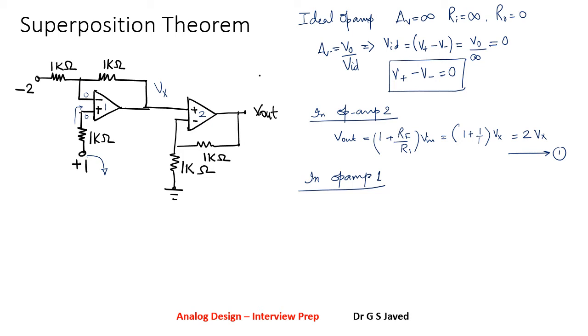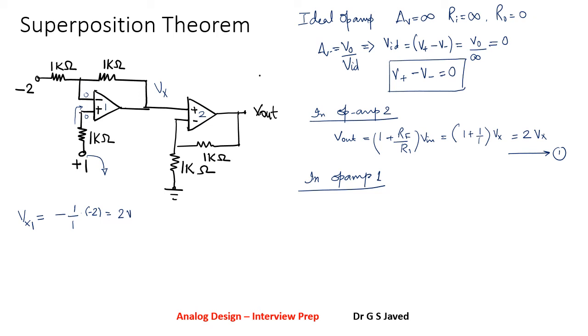Now in this configuration, the input is given to the inverting terminal. So the output voltage Vx due to voltage 1 is minus Rf by R1, 1 by 1, times the voltage minus 2, which is equal to 2 volt.